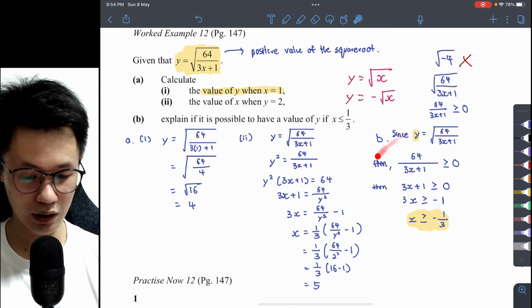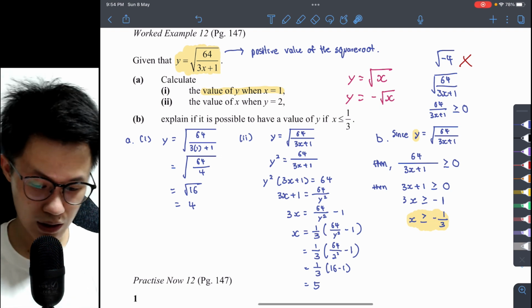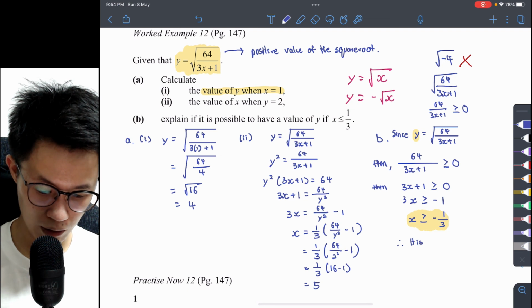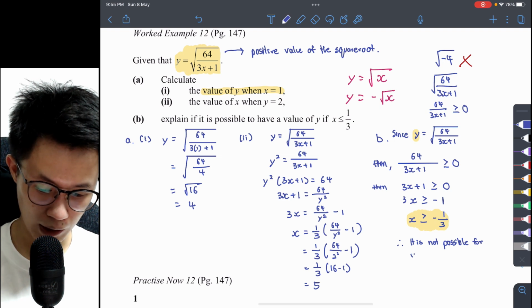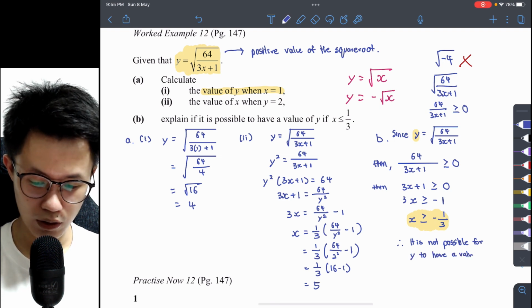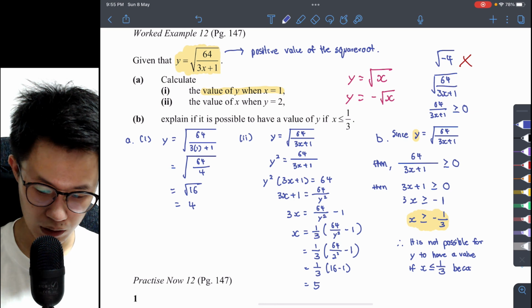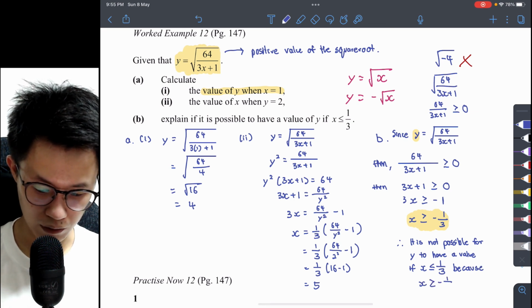If x cannot be lesser than negative 1 over 3, hence we can say that therefore it is not possible for y to have a value if x is less than or equal to 1 over 3, because x must be more than or equal to negative 1 over 3.